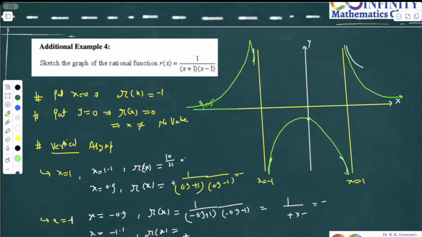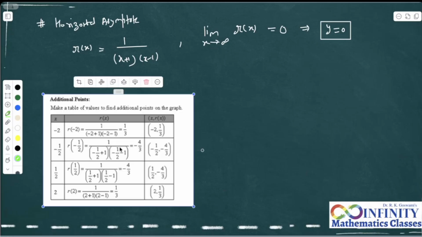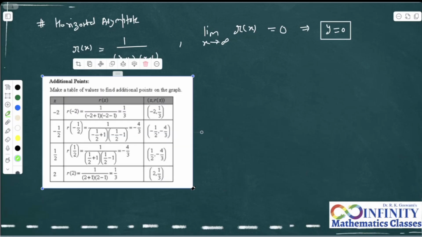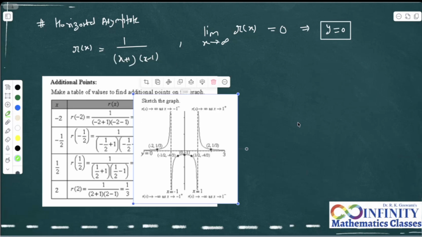So let me just share with you the graph of this whole question. You need to make use of some points there to get the position of the graph. I used some points initially, and then I'm just taking the screenshot of the graph. Just try to check.